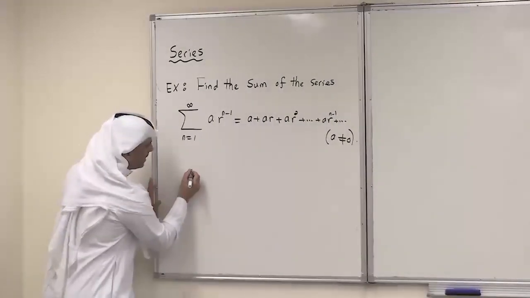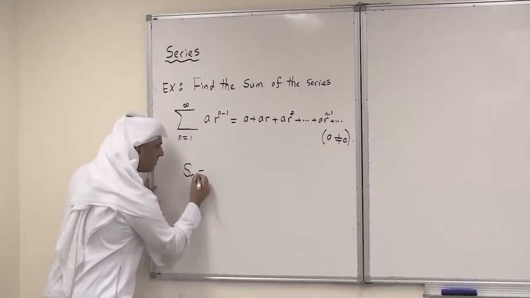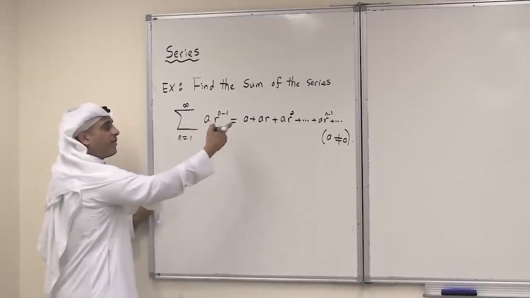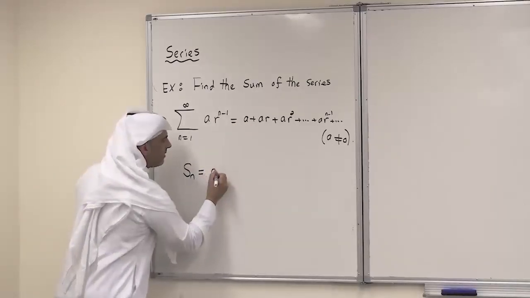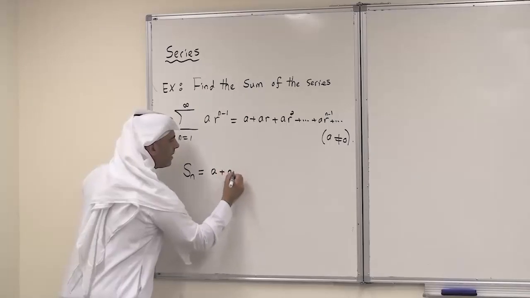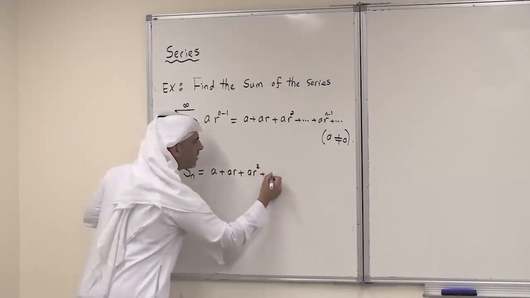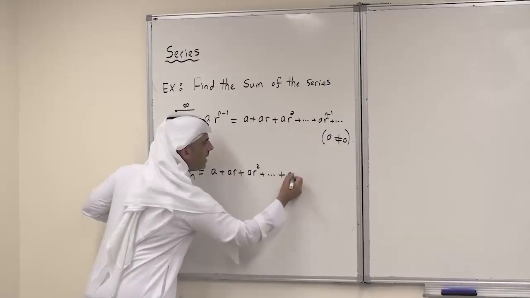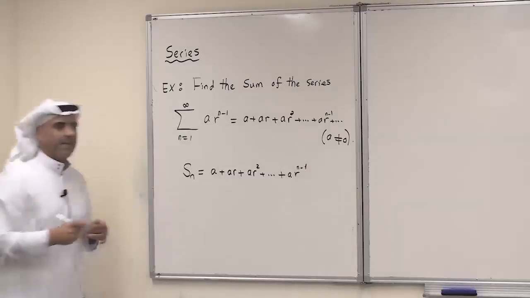So what is the nth term in that sequence, Sn, that we need to take the limit as n goes to infinity? It is the summation of the first n elements, given by a plus ar plus ar squared plus etc., until we reach the nth element, that is ar^(n-1). That's what we have exactly for Sn.